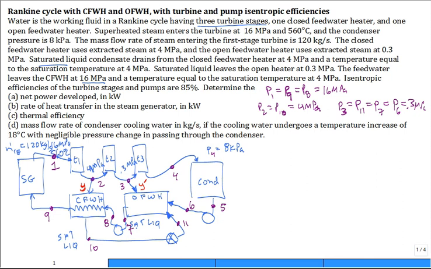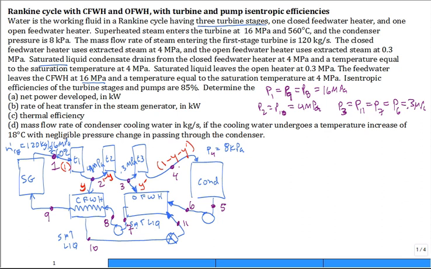So now what we want to do is talk about what goes on here. You have 100% here. That's our typical notation. And then you have 1 minus Y continuing on that way. Now, what continues on to the condenser we're going to put as 1 minus Y prime.